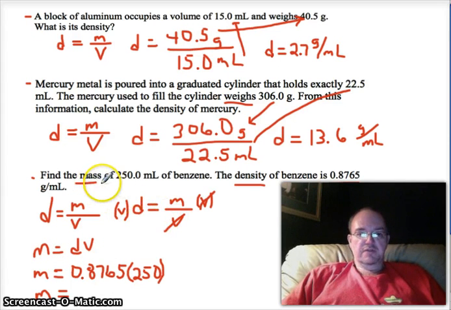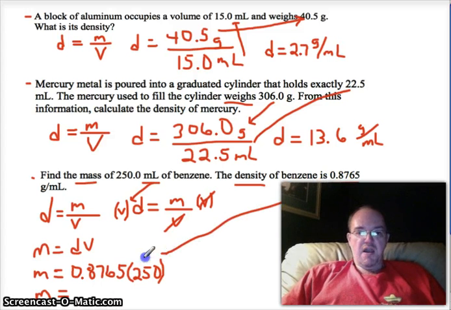Oh, that's right, we are finding the mass because milliliters here is going to be the volume. Okay, so we're finding the mass. Mass equals D. So density is going to be 0.8765. And then the volume is going to be this 250. So that looks like a pretty simple one.